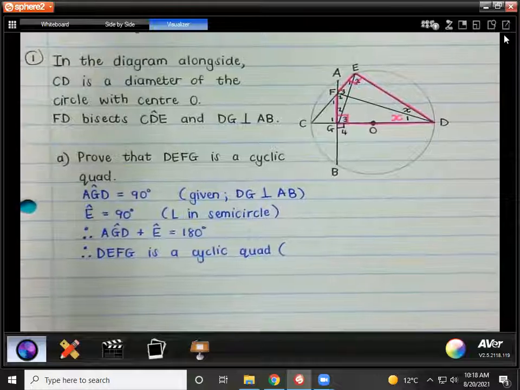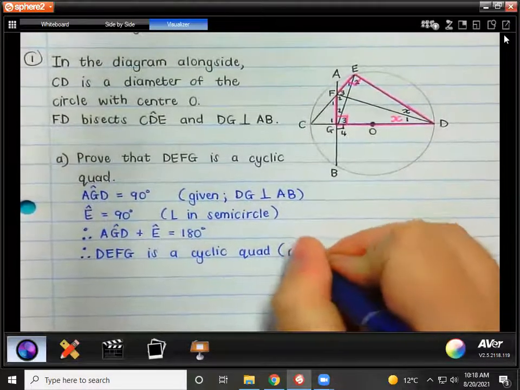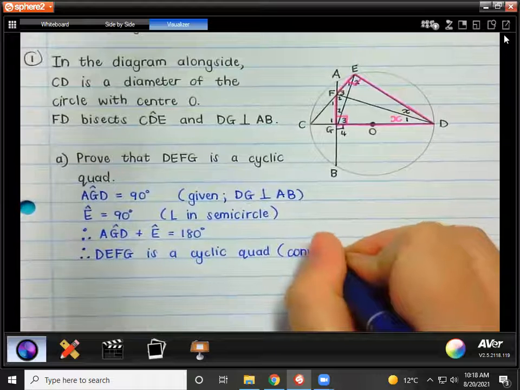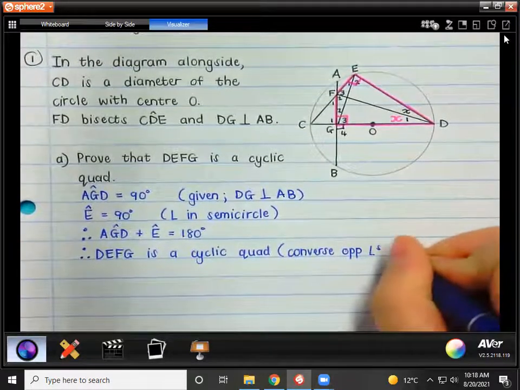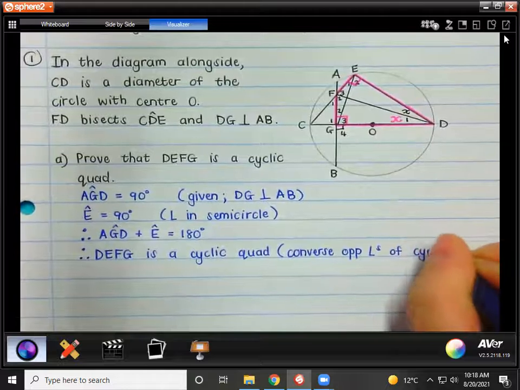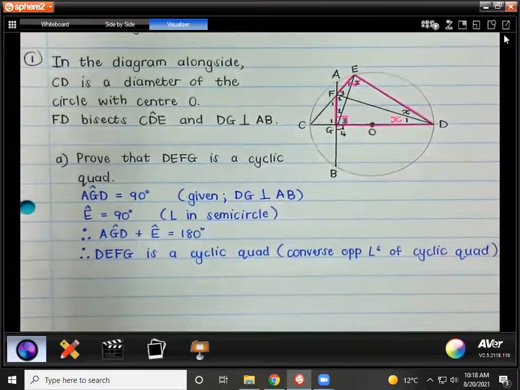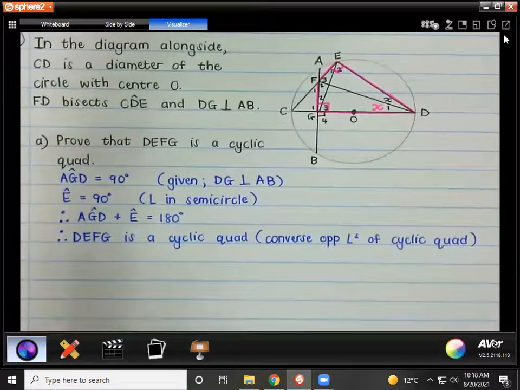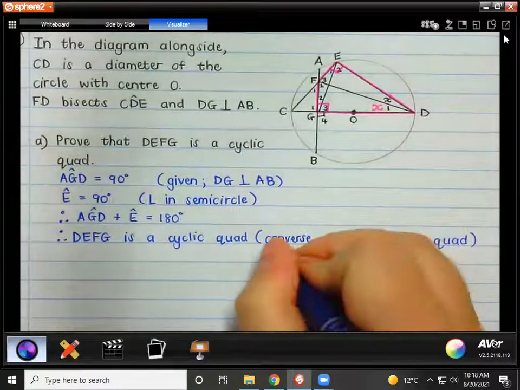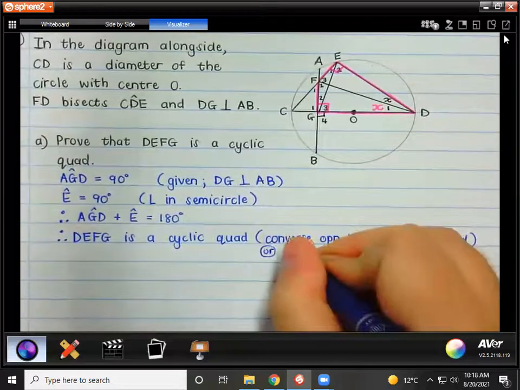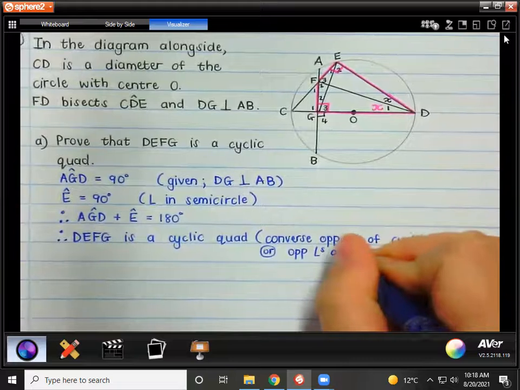Okay, we proved that the opposite angles are equal to 180. So now we're going to say converse opposite angles of cyclic quad. Or you could say opposite angles of quad.